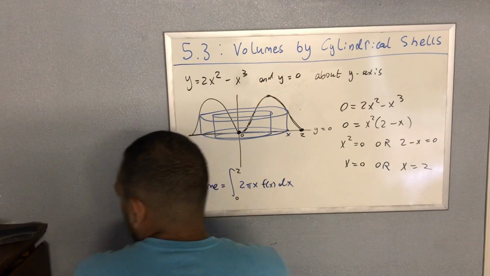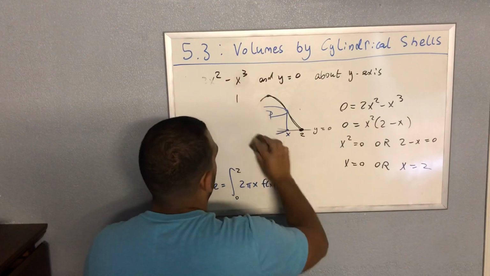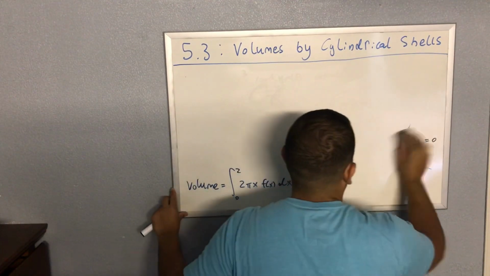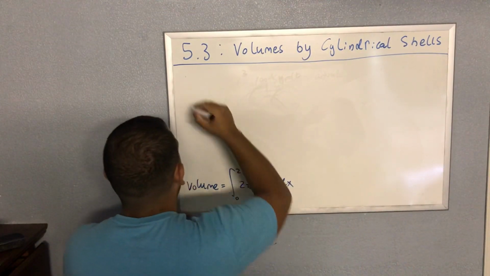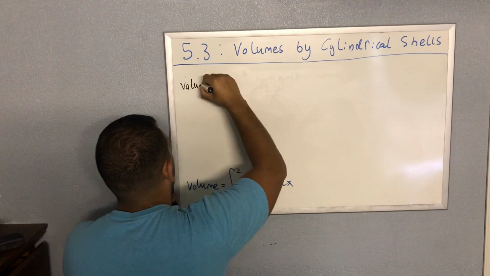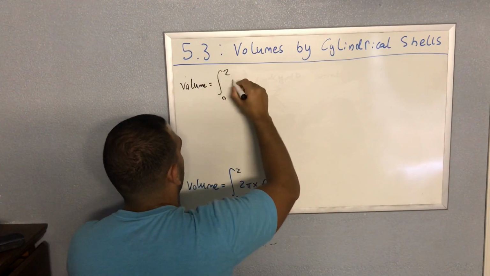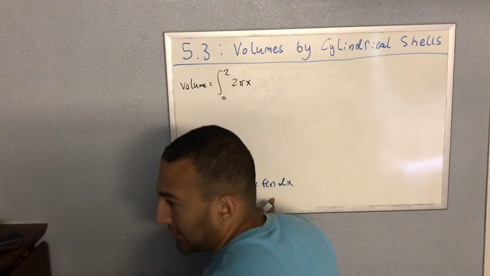So now that we have this set up, let's just do the integral, or at least expand it out. I think at this point, you guys are comfortable with finding the integral. So the volume will be the integral from 0 to 2 of 2 pi x times f of x. Well, what was f of x?